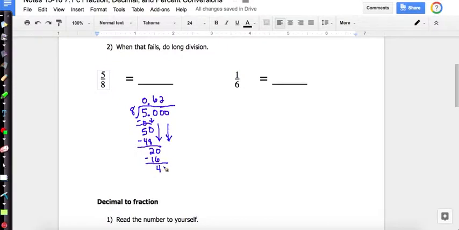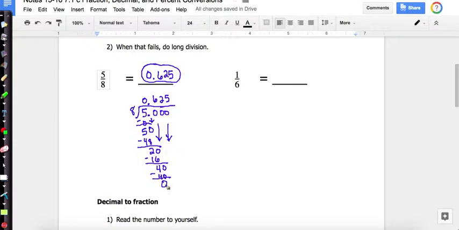Bring down another 0. 8 goes into 40 5 times. 5 times 8 is 40. And when I have a remainder of 0 or something repeats, then I'm done. So it's 625 thousandths.